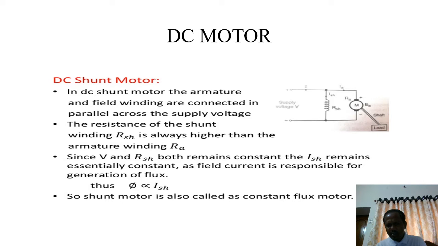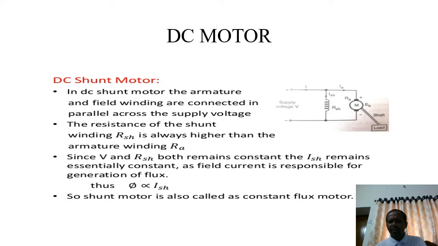This is the load, which is on the shaft. ISH is the shunt field current, RSH is the shunt field resistance, IA is the armature current, and here is the armature resistance. The EMF induced in the motor is the back EMF, EB.